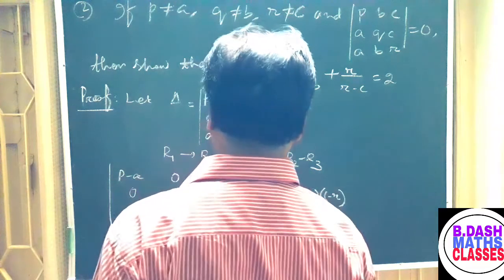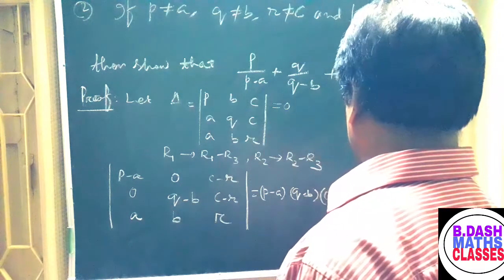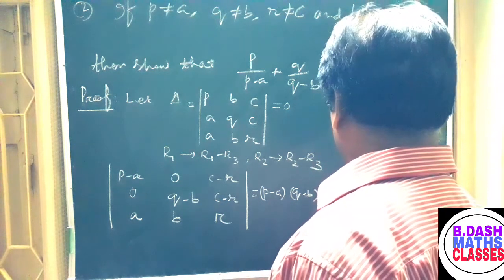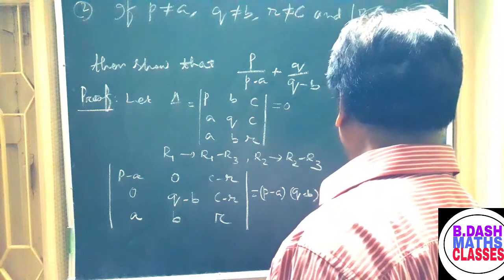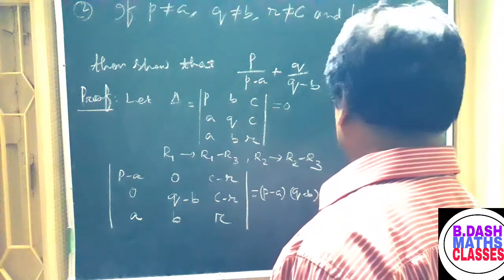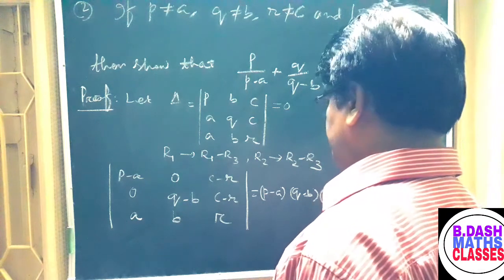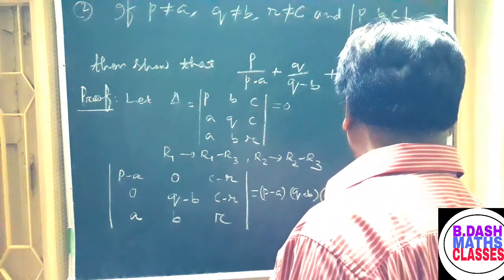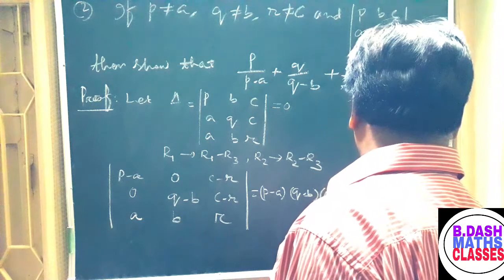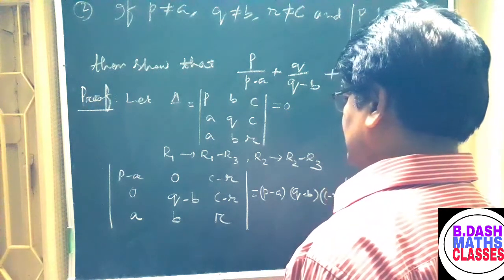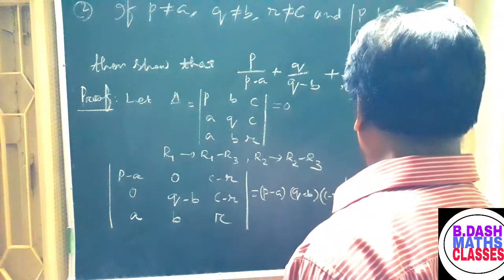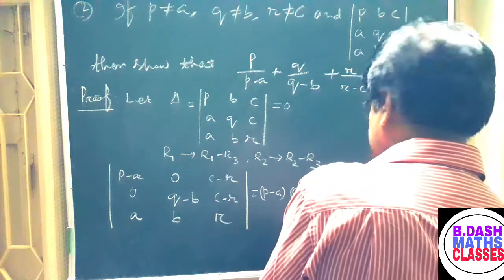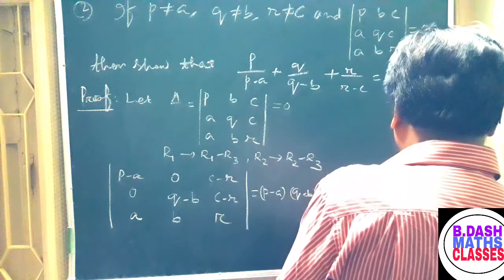If we take these common, we get 1, 0, a/(p minus a); then 0, 1, b/(q minus b); and the third row a, b, r/(c minus r). We got it.